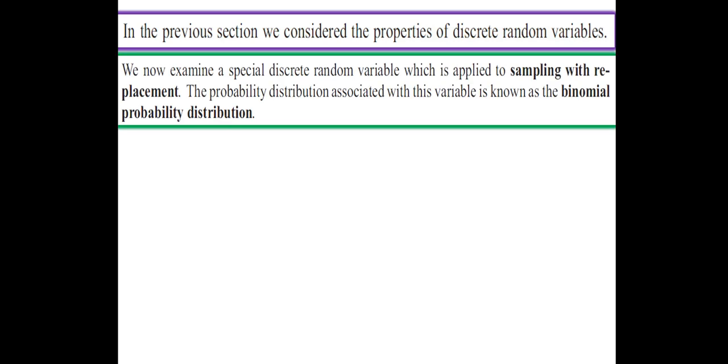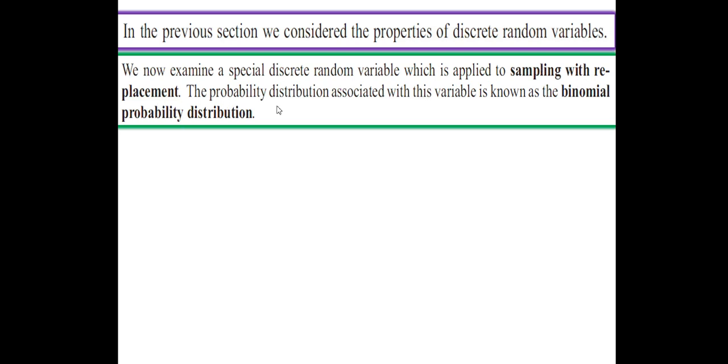So out of the warm-up now into the lesson. In the previous section, we considered the properties of discrete random variables. So discrete ones that only take on fixed values, like 1, 2, 3, 4, for example. We now examine a special discrete random variable, which is applied to sampling with replacement.